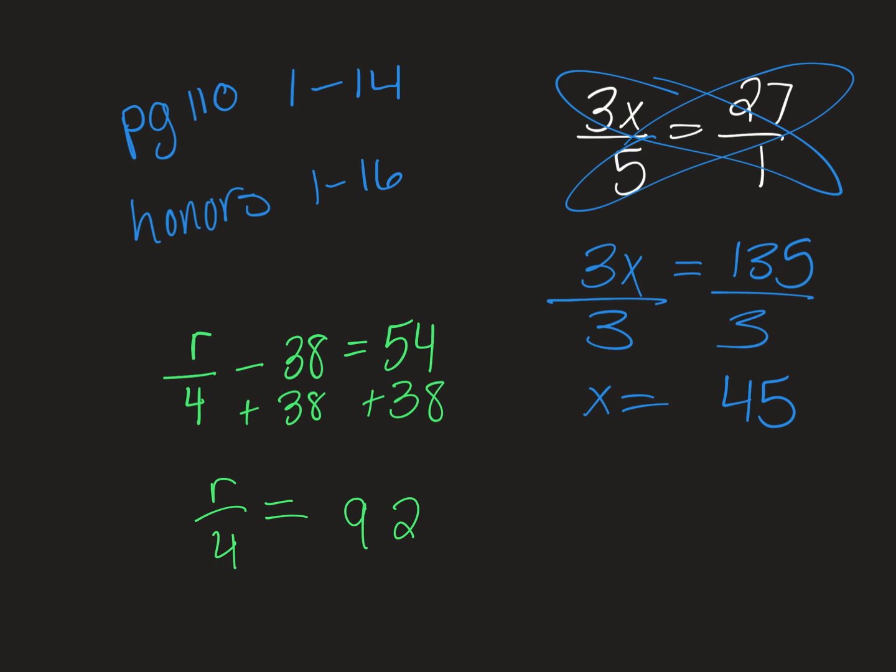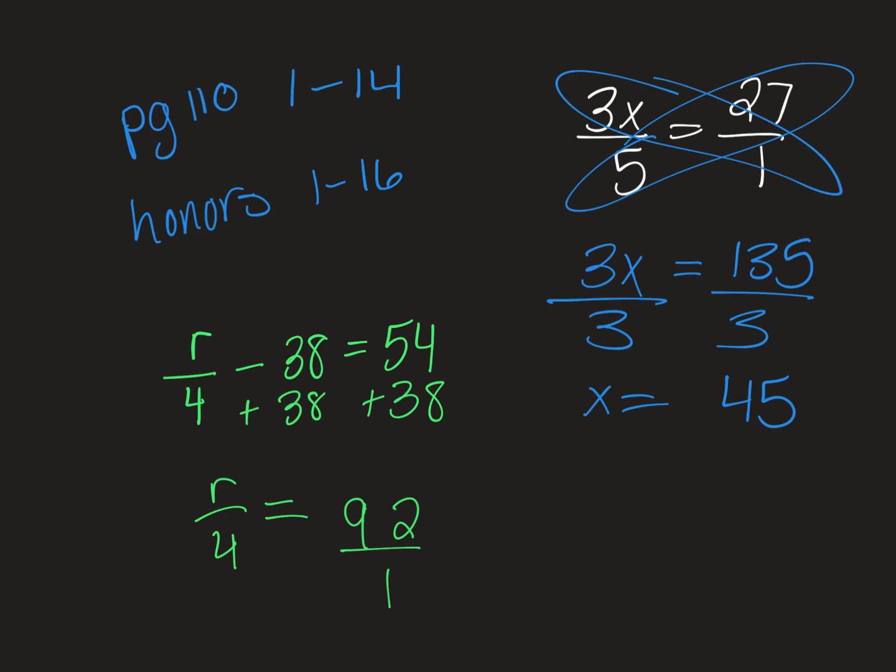So then, like we did in this example up here, put that 92 over 1 and then cross multiply. You'll do that on 3 through 6. Move that other number over, then put that over 1 and then cross multiply. And then you should be good to go.